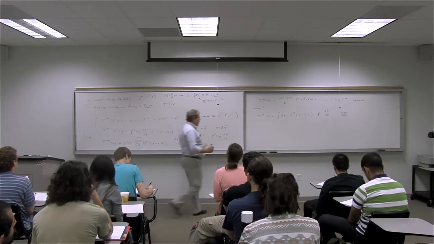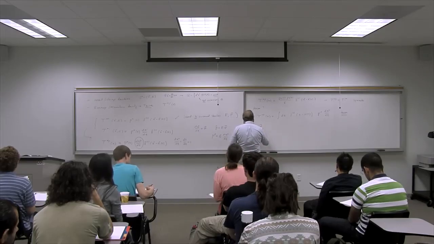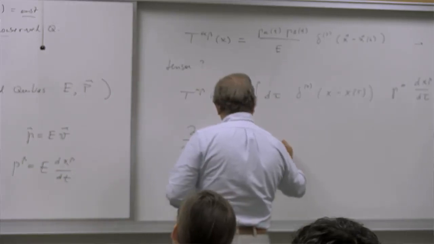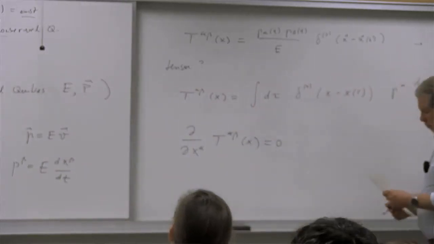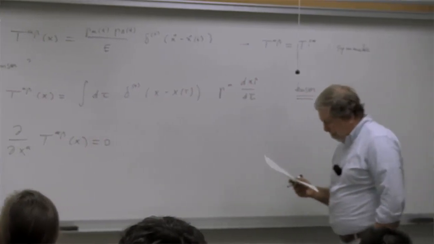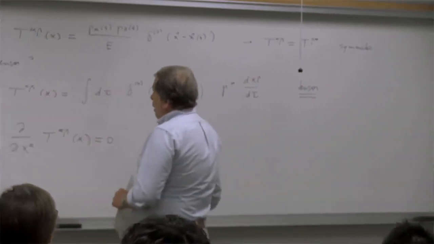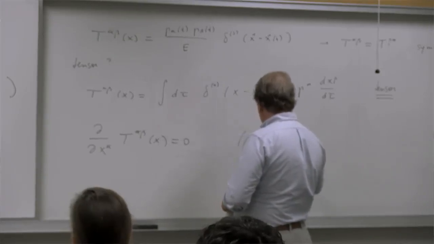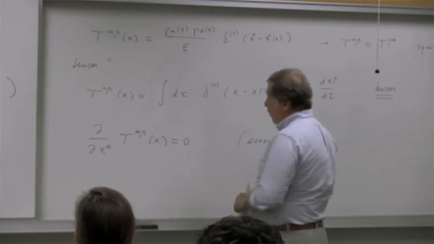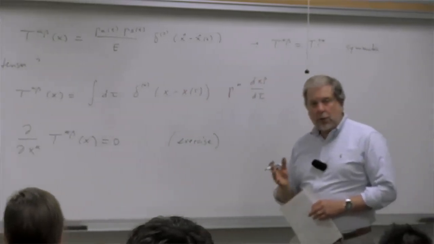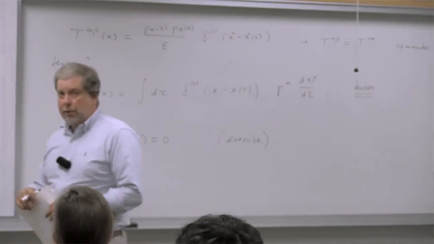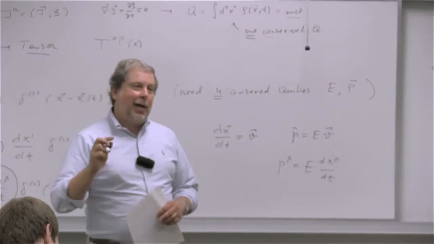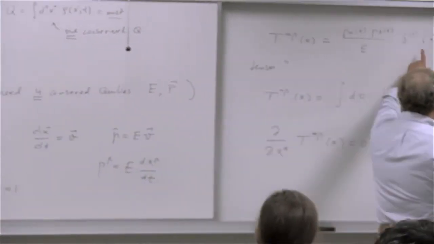And now the other thing we want to show is that d by dx alpha of T alpha beta of x is equal to 0. Well, this is, again, an exercise. And how is this exercise going to be done? It is going to be done the same way we did it for electromagnetism. You look at the spatial components, the i components, and you take the derivative with respect to this delta function.